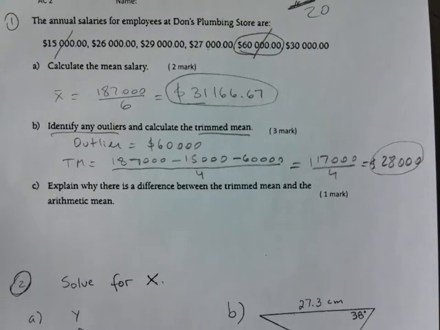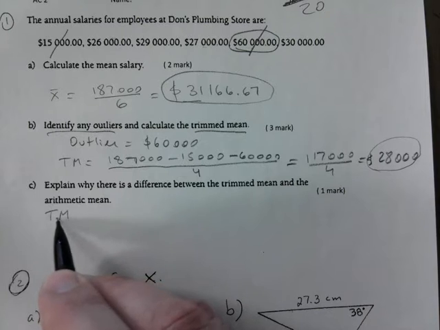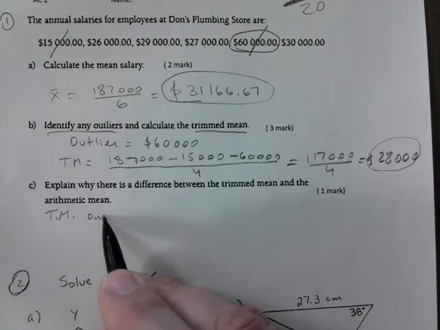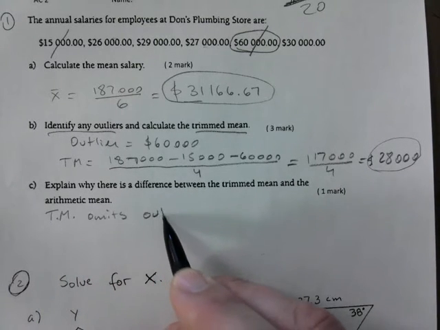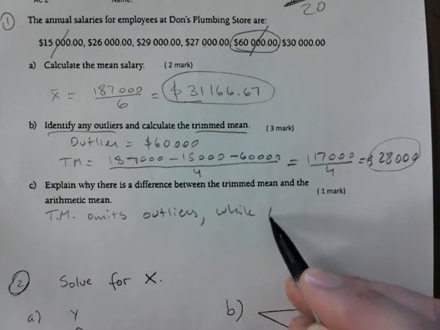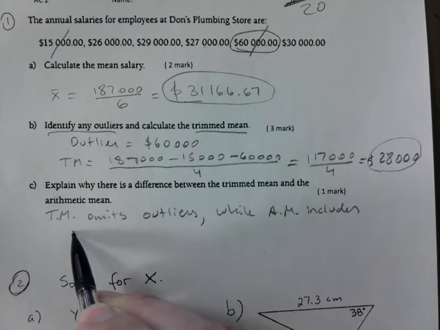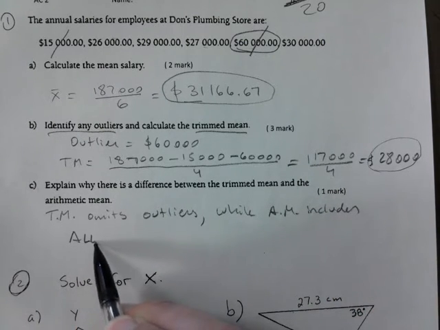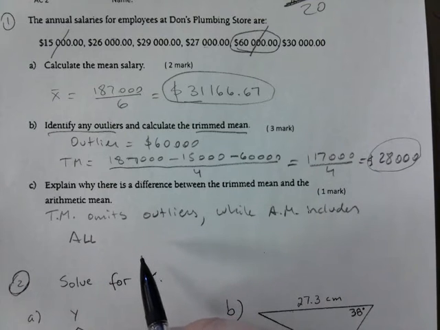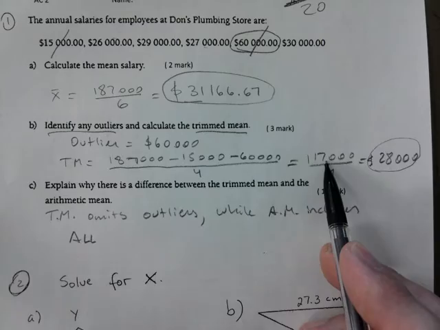Okay? Explain why there's a difference between the trimmed mean and the arithmetic mean. You can just say the trimmed mean omits outliers, while the arithmetic mean includes 112,000?